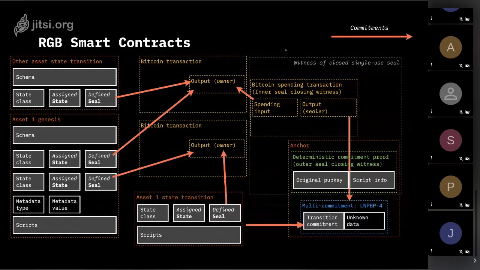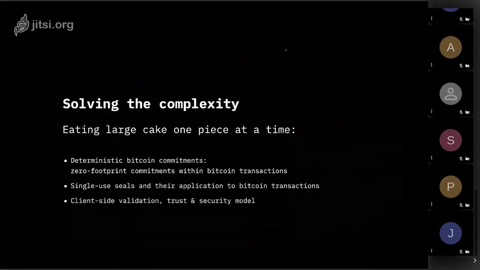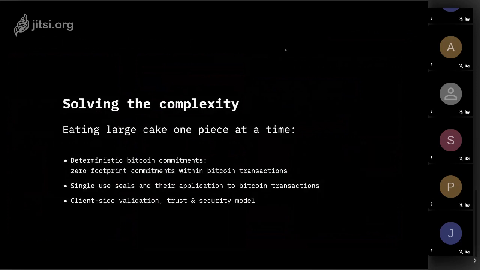To explain that, I have to explain separately such parts as deterministic Bitcoin commitments and single-use seals. I will be spending this time on them today, and how they are integrated at the level of client-side validation and into parts of the RGB protocol will be next week. So let's solve the complexity of RGB by taking a step-by-step approach, defining these 3 paradigms and the way RGB uses these paradigms one by one.